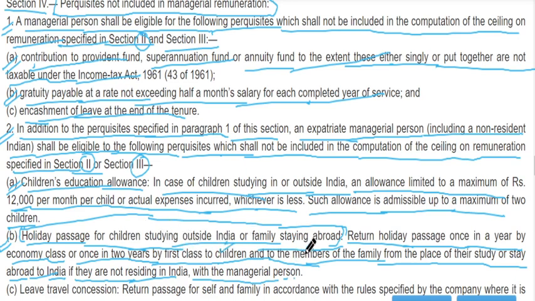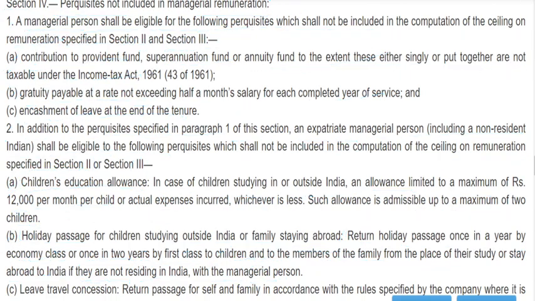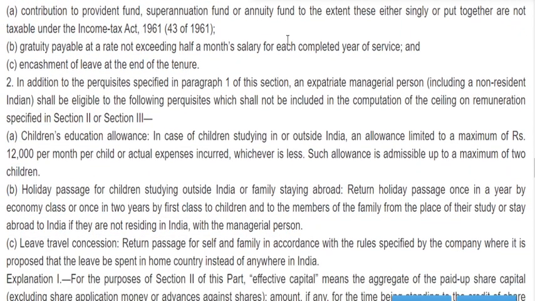So children, members of the family and managerial personnel travel by economy class once in a year, or once in 2 years in first class. They can enjoy these benefits. Now let's see the other perquisites.